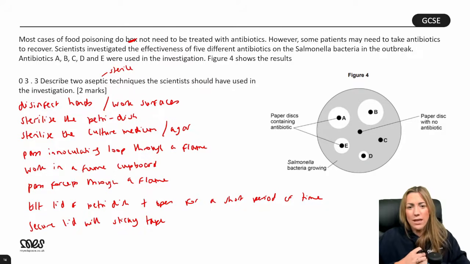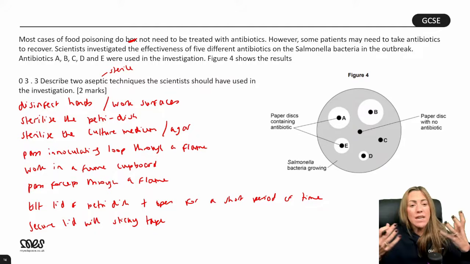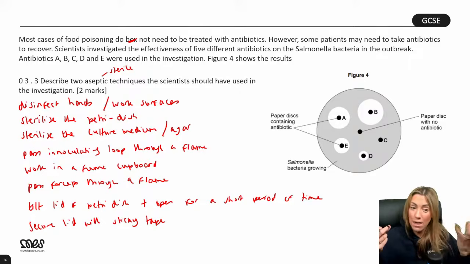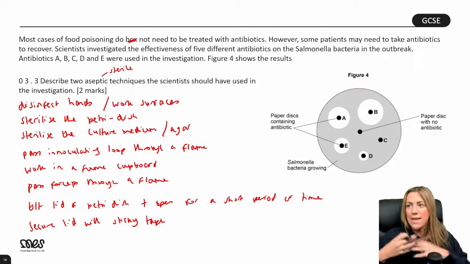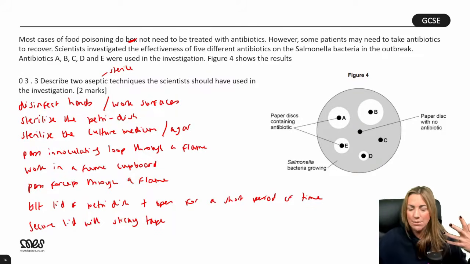Look, there's absolutely loads of things you can say. You could even, if you're using a glass spreader, put your glass spreader in ethanol because that would sterilize the glass spreader. If you're using anything metal, we tend to pass it through a flame to sterilize it that way. Disinfecting hands, disinfecting working surfaces, securing the lid with sticky tape. These are all standard aseptic techniques.